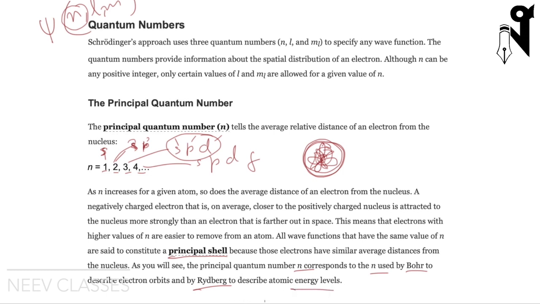So Bohr called those n's the orbits, the radius of the orbit, and Rydberg had depicted them as energy levels. So this is more of an energy level. The principal quantum number is now shells, which in a hydrogen atom are energy levels. I hope you get that.